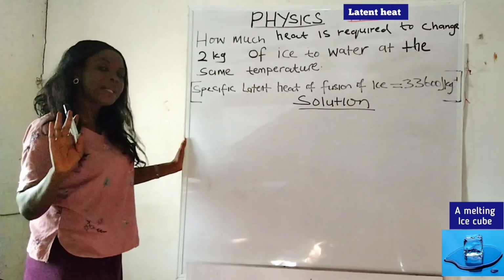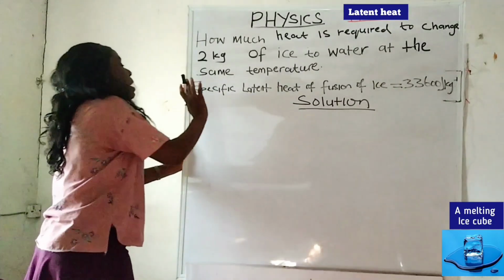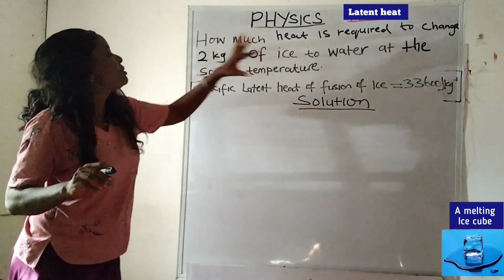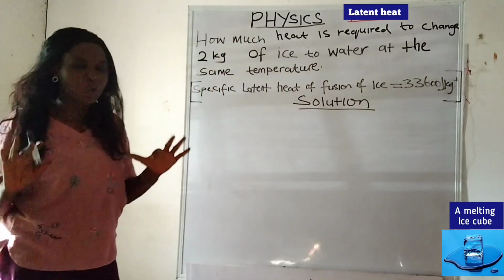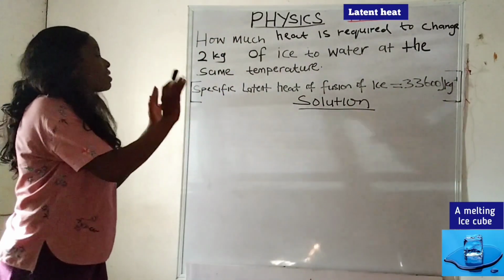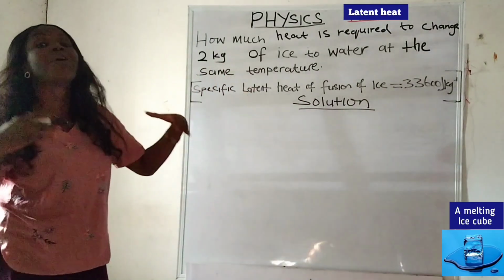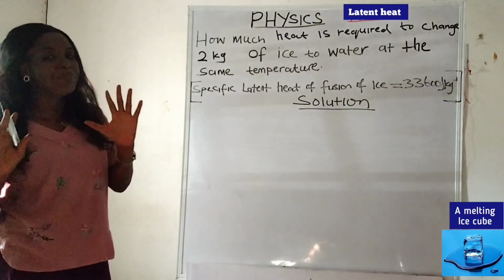I always like to remind my students that whenever the question says the same temperature, know for sure that the problem borders on latent heat. So this problem on the board is on latent heat, and it's a simple one.